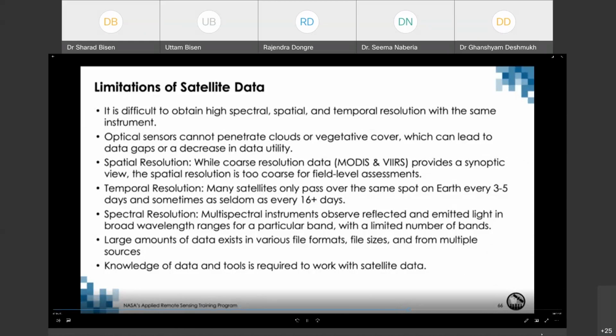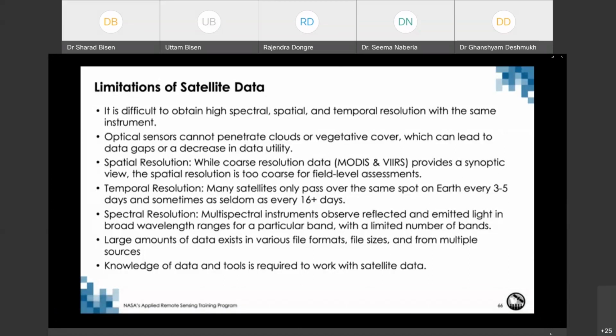Another limitation is that large amounts of data exist in various file formats, file sizes, and from multiple sources, making it difficult and seemingly unwieldy to use for analysis. And finally, knowledge of data and knowledge of tools is required to work with satellite data. There is a learning curve involved, which is one of the reasons that the RSET program exists. We're here to empower the global community through these online and in-person remote sensing trainings.